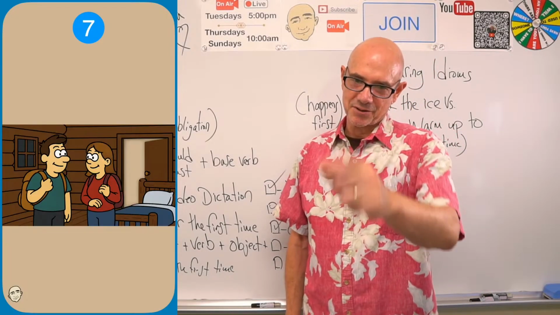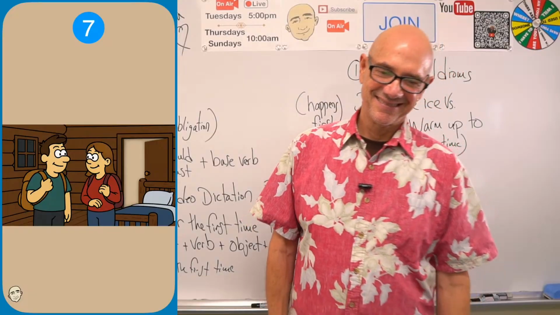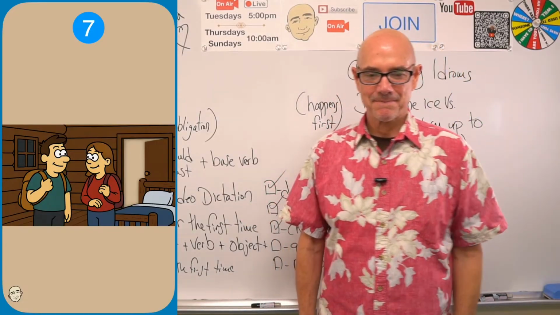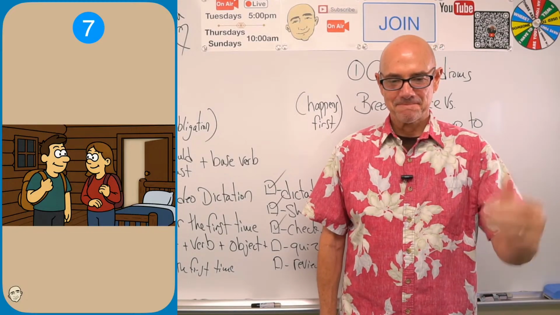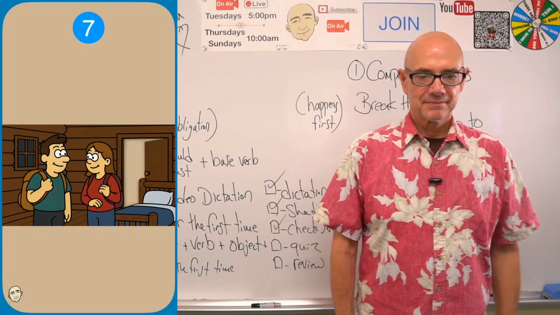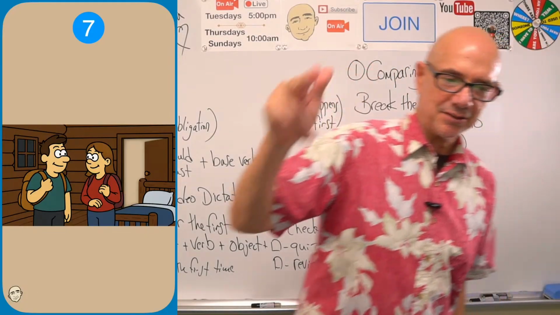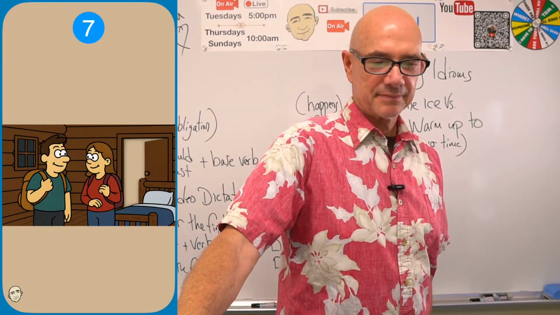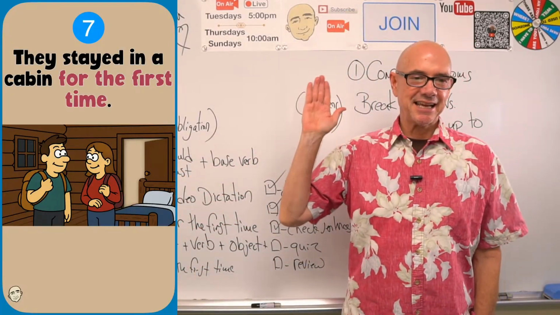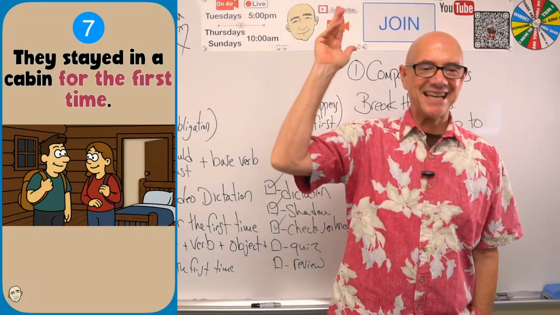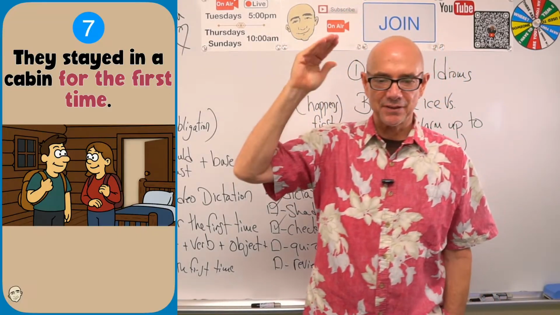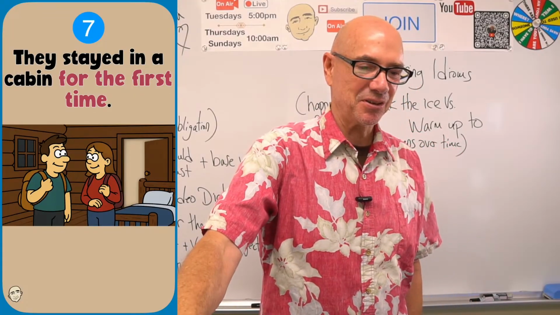Hearts in the chat. Great. All right, Catherine, Mary, Iman, Kadeen. Okay, let's have a look. How did you do? Very good. They stayed in a cabin for the first time. Well done, everyone. That was the quiz.